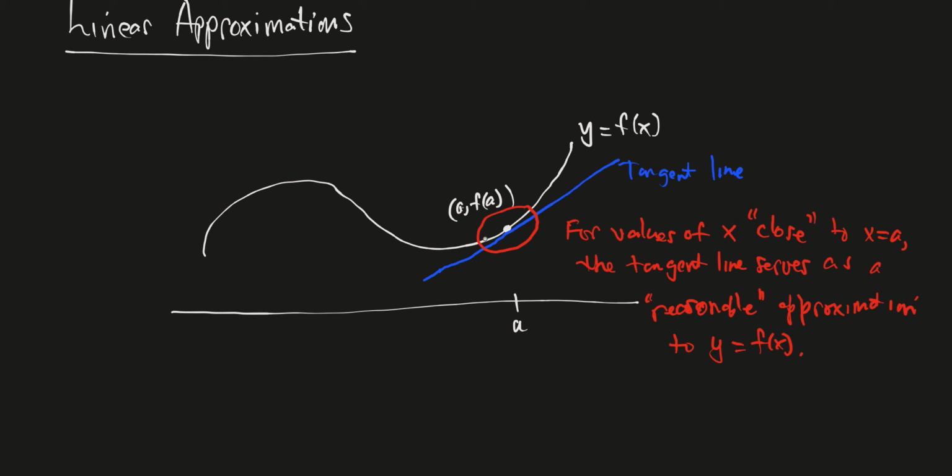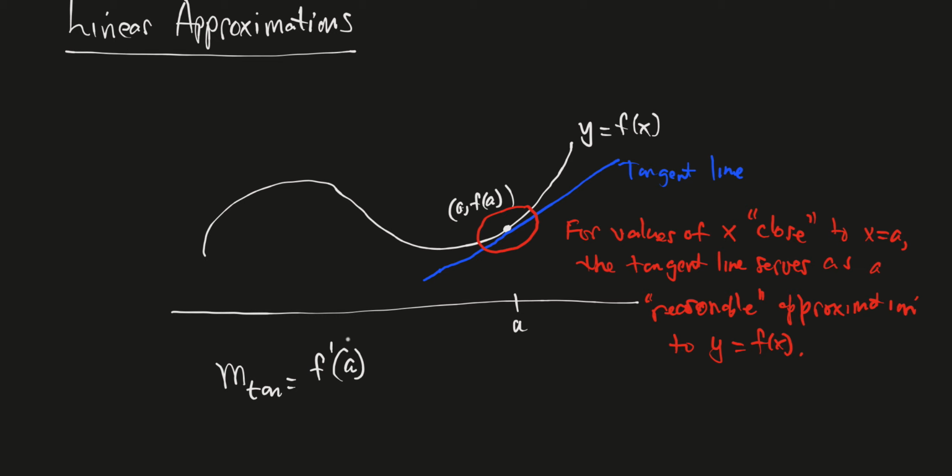Now, let's think about it. So let's write down what we know about the equation of the tangent line. We know that the slope of the tangent would be our derivative evaluated at a.